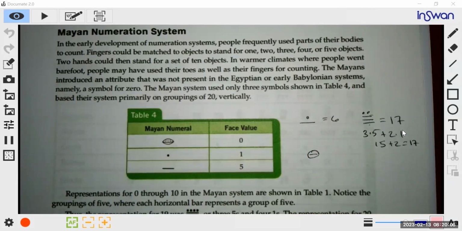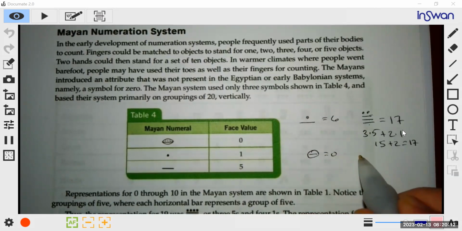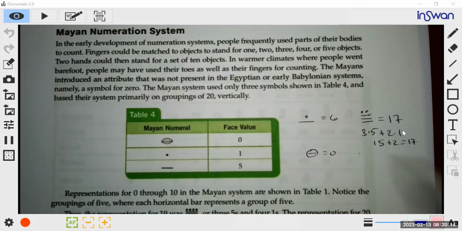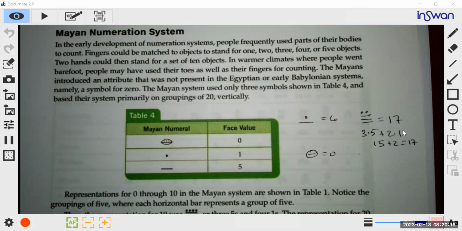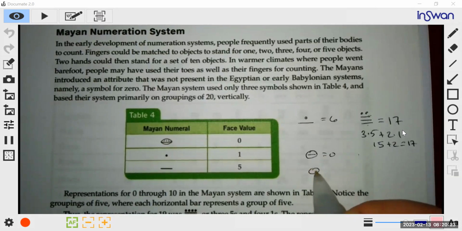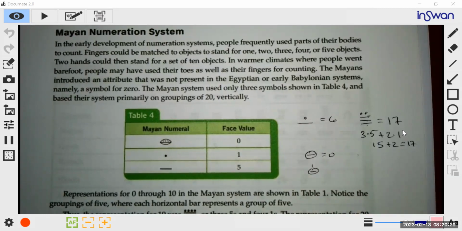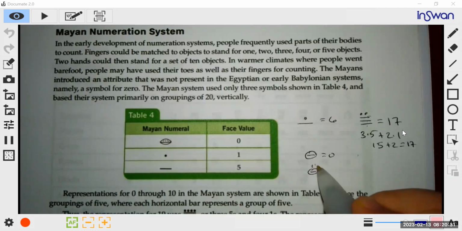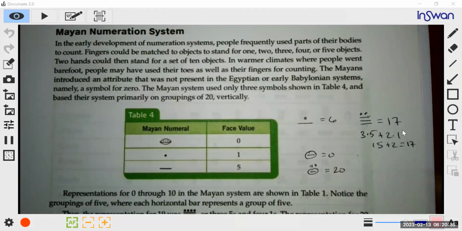What would that number be? I'm not for sure. I'm trying to remember if this equaled 20.